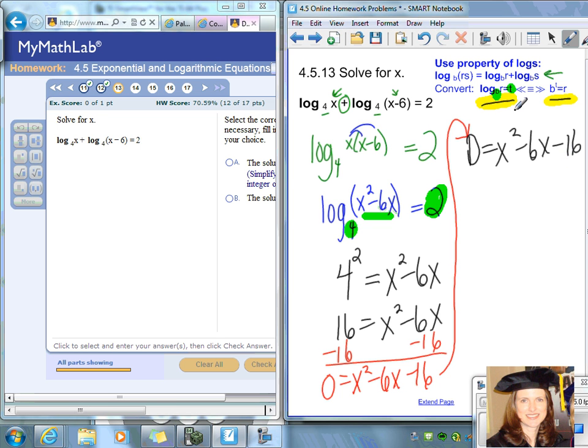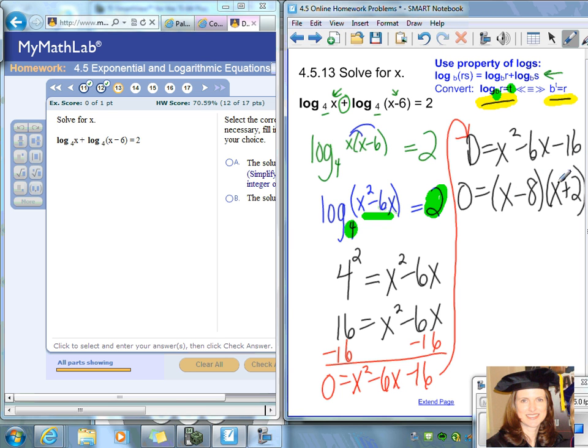Now we can solve a quadratic equation by using the quadratic formula. We could also sometimes factor if that's possible. This one, I believe, can be factored. The factors of negative 16 that add up to negative 6 are x minus 8 and x plus 2. Those are the two factors.